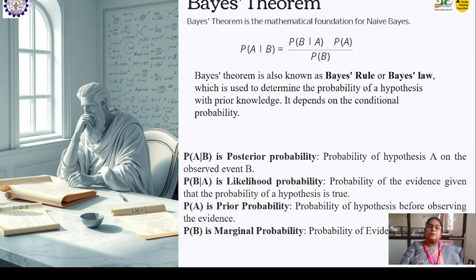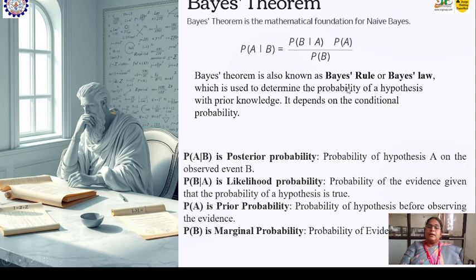It mainly depends on the conditional probability. For example, P of A given B is the probability of a hypothesis A on the observed event B. It is also called the posterior probability.